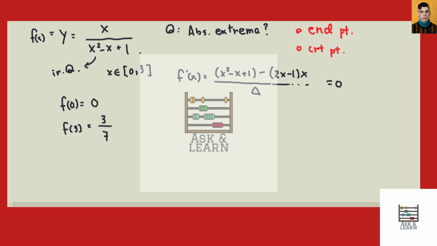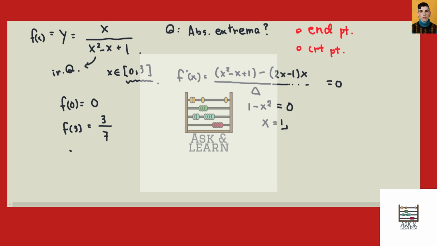So I'm going to omit it because the numerator simplifies to 1 minus x squared. And if I multiply the denominator on both sides, it disappears anyway. So I don't have to worry about that. Okay, so you can see that x is plus or minus 1, but 1 is the only number that belongs in this interval, so we know that 1 is the only point that we need to check.